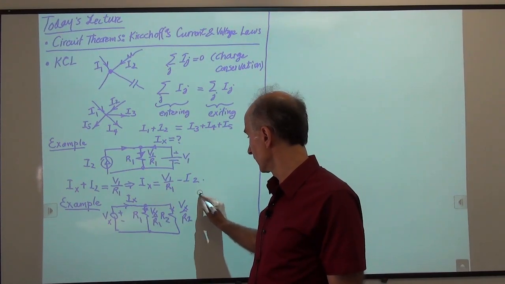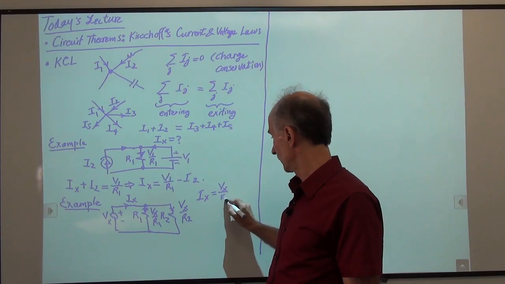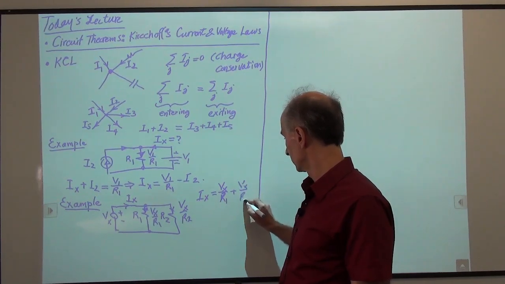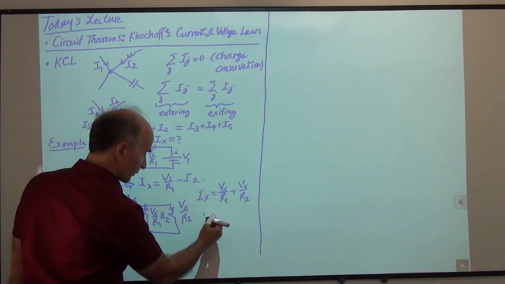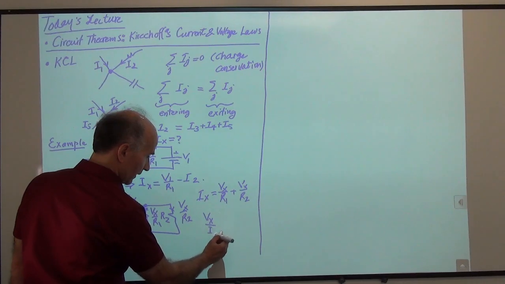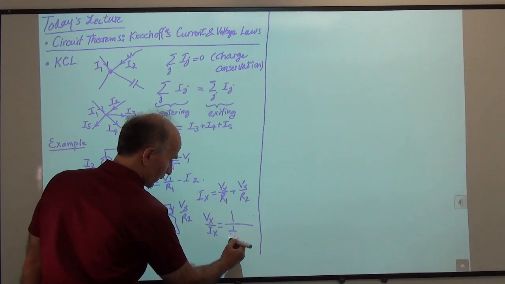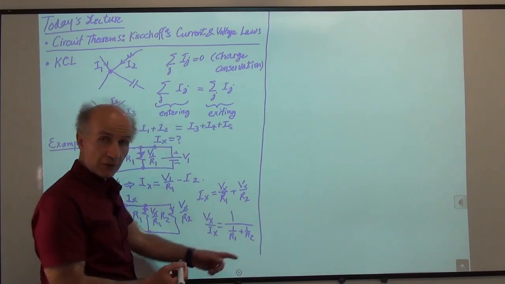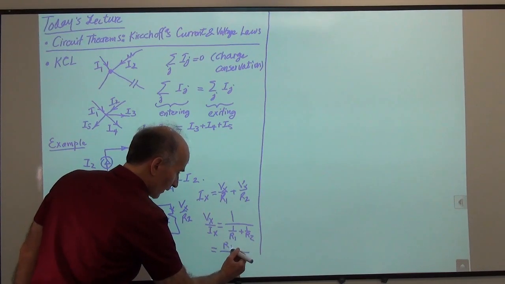So we have Ix is equal to Vx over R1 plus Vx over R2. And if I find Vx over Ix, which is the resistance of interest, it would be like this. Vx over Ix is equal to 1 over 1 over R1 plus 1 over R2. And if we just cross multiply these, we're going to get R1 R2 over R1 plus R2.